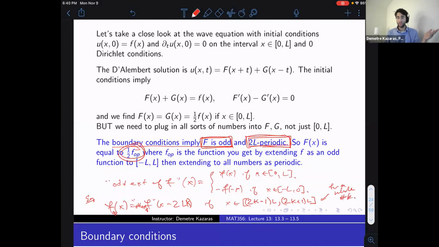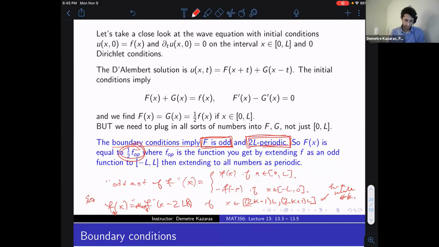So if x is in that interval, then you have to shift it appropriately, subtracting off 2Lk from x, and then plug that number in to the odd extension of f.